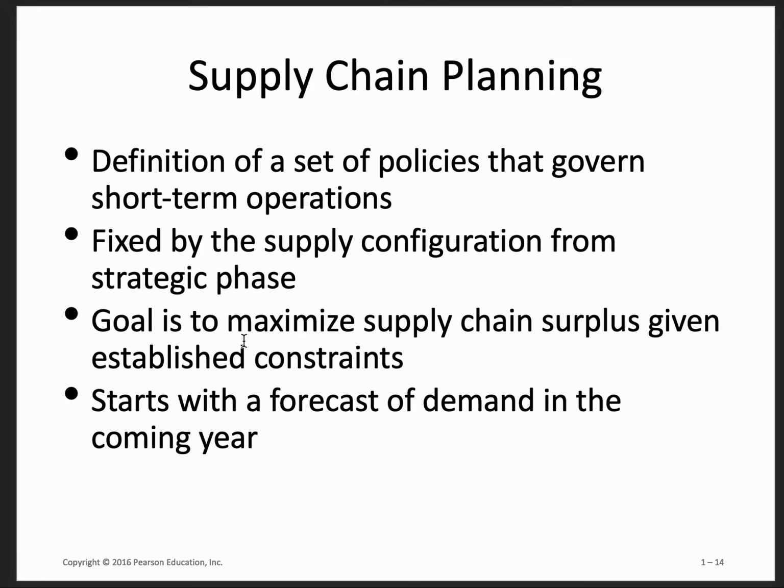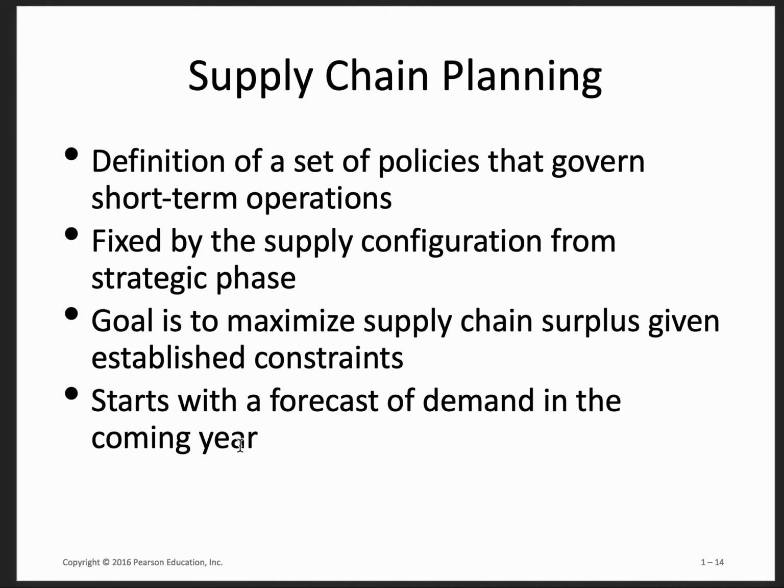Now, planning decisions are a set of policies that govern short-term operations. They are fixed by the supply configuration from the strategic phase. So once you decide everything in the strategic phase, then some of the planning decisions get fixed. The goal obviously here is to maximize the supply chain surplus given the established constraints, right? We'll look at some of this later on in the semester.